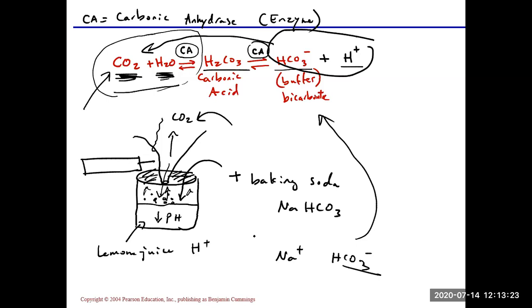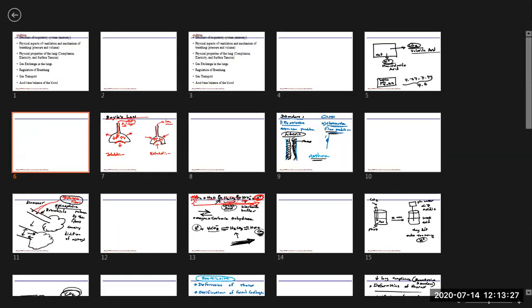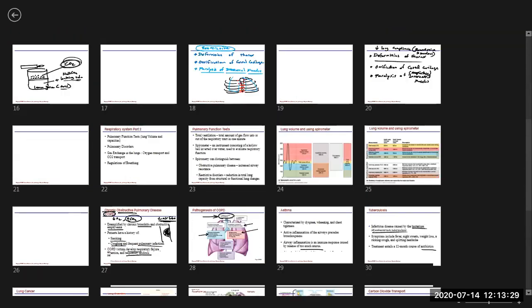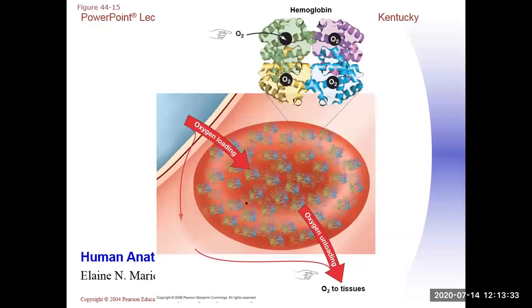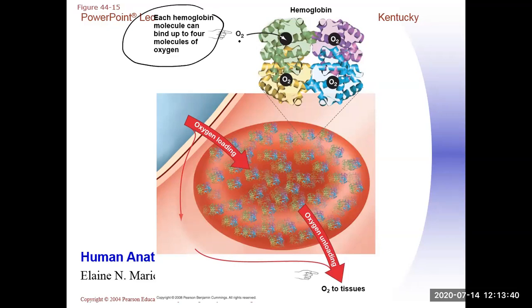So the majority of the oxygen is transported by way of hemoglobin. Here you can see each hemoglobin can carry 4 oxygen molecules, and this is a single red blood cell, and this happens to be the capillary.